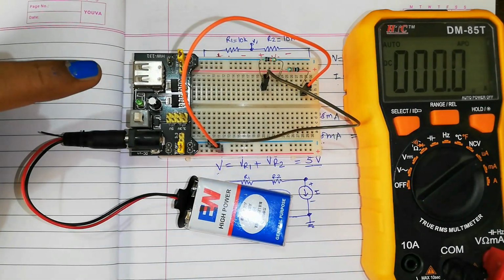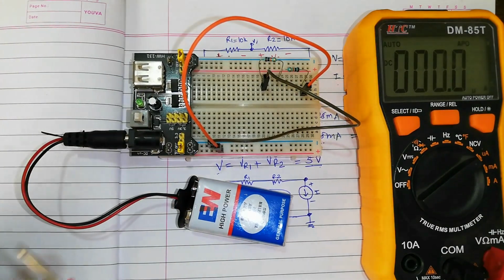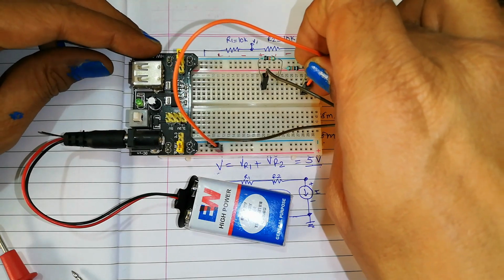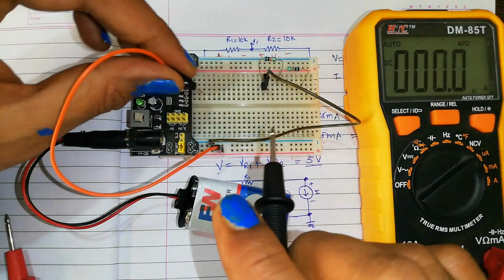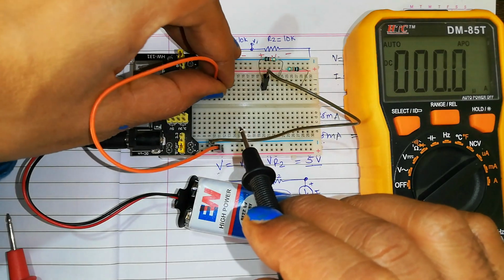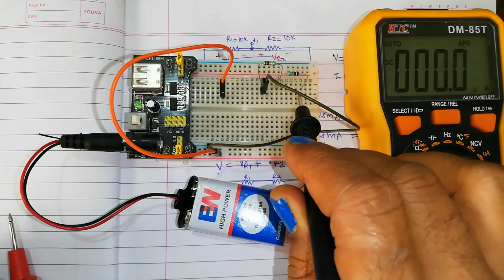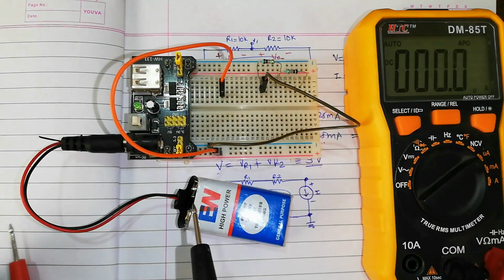I haven't switched on the board yet, so the circuit is switched off. I will break the loop, and then connect the meter somewhere. At this point and at this point I need to connect the meter.